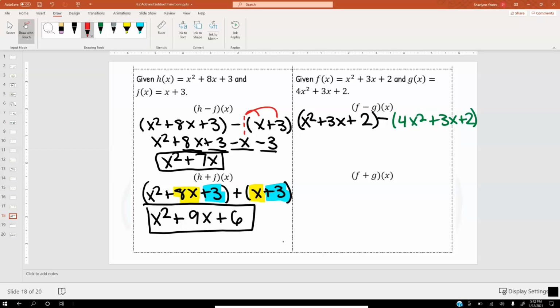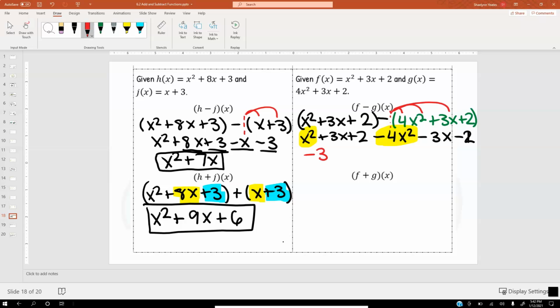So now I need to distribute my negative 1 to all three pieces of this. So this remains x squared plus 3x plus 2. That didn't change. This becomes minus 4x squared minus 3x minus 2. So now I can combine like terms. I have an x squared minus 4x squared.